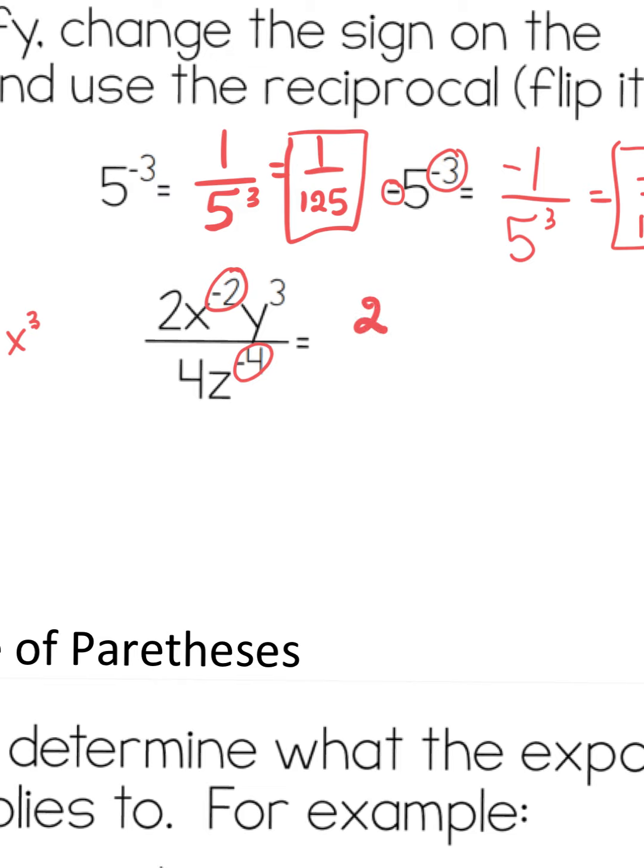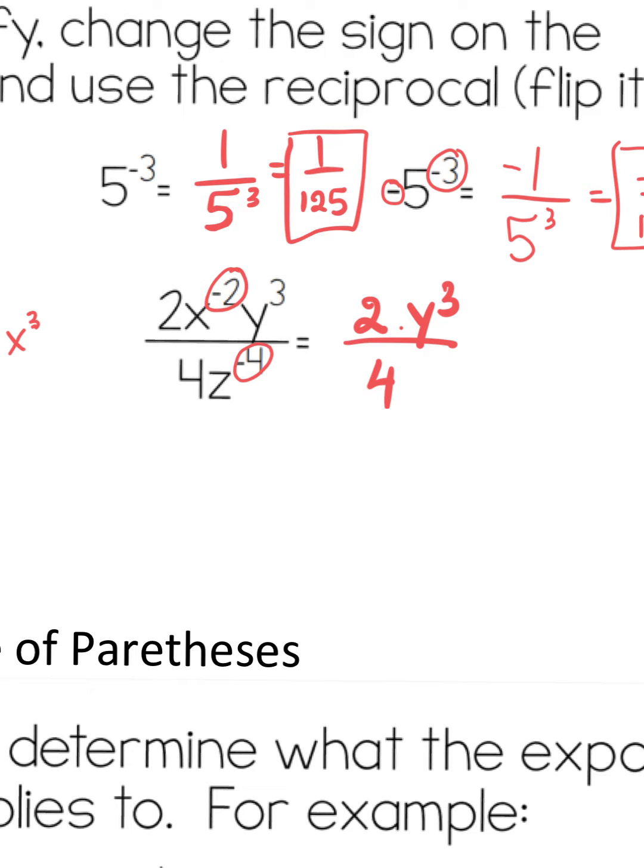So this is 2. And there is a y raised to the power of 3. They are positive, so I just leave it alone, right? And there's a 4 at the denominator. So leave it at the 4. Now x raised to the negative 2, we're going to flip and negate.